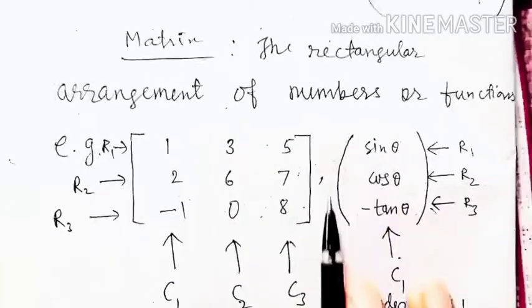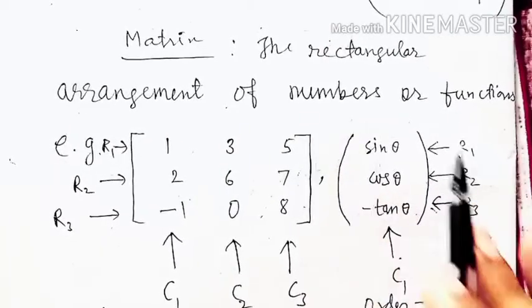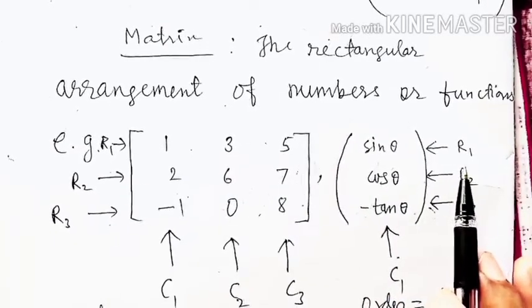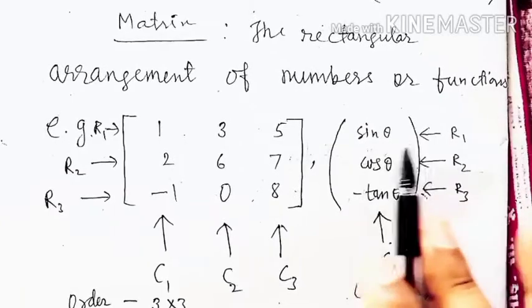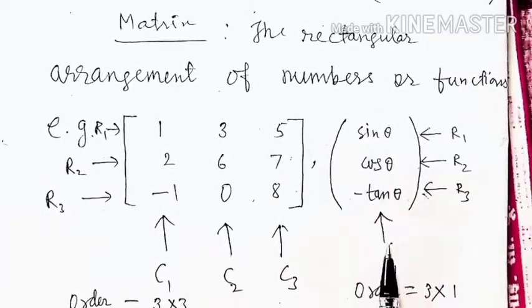Here we have arranged functions within a small bracket. So we can see that this is the first row, this is the second row, and this is the third row, and this is the first column.